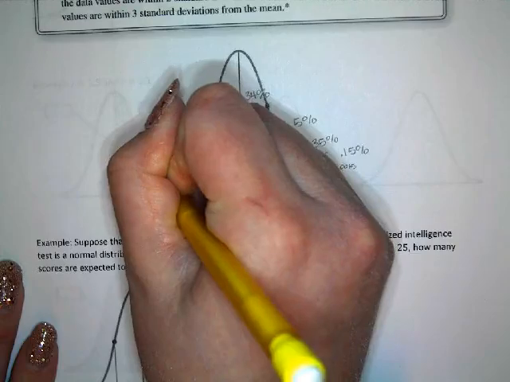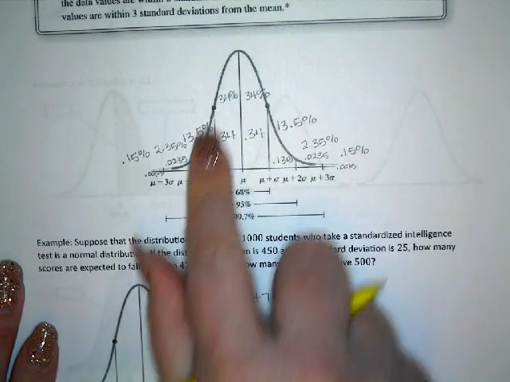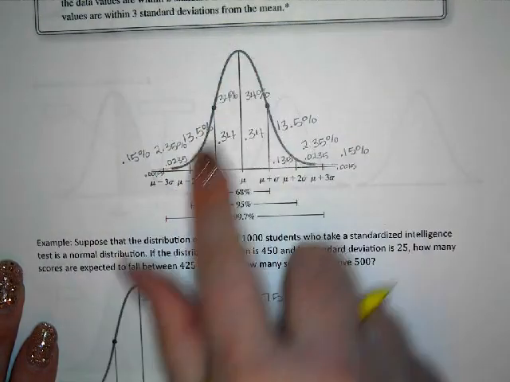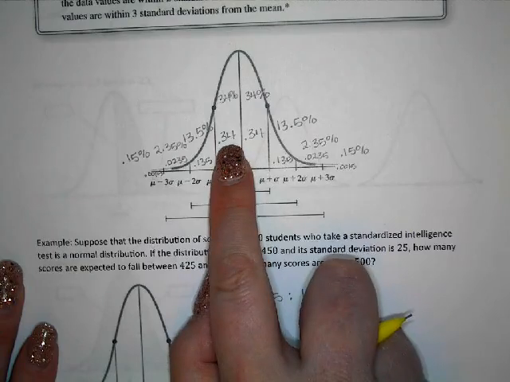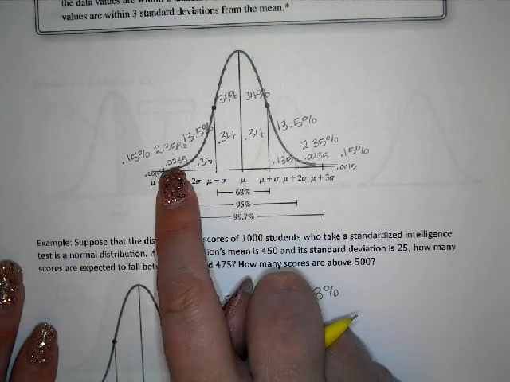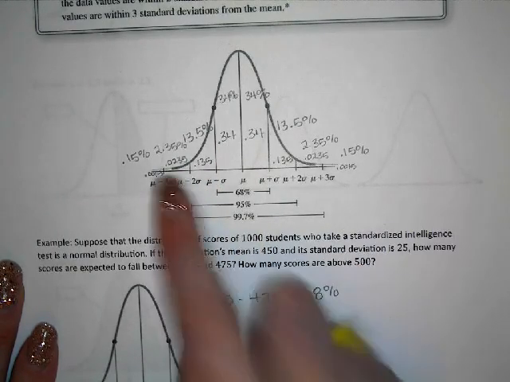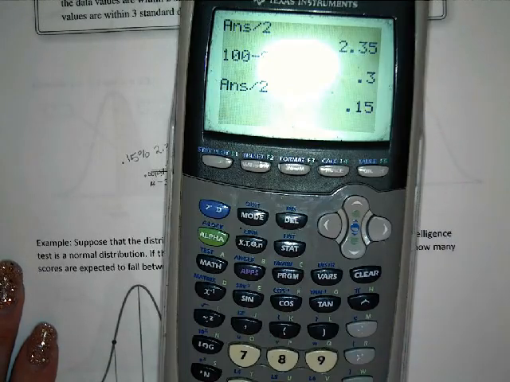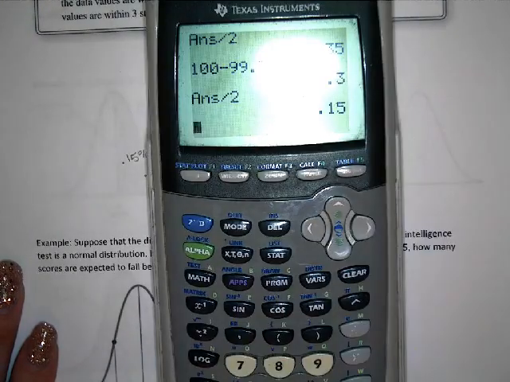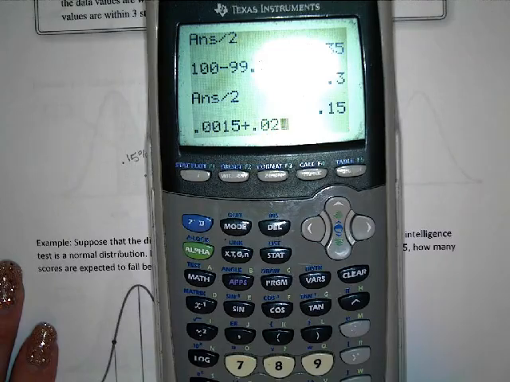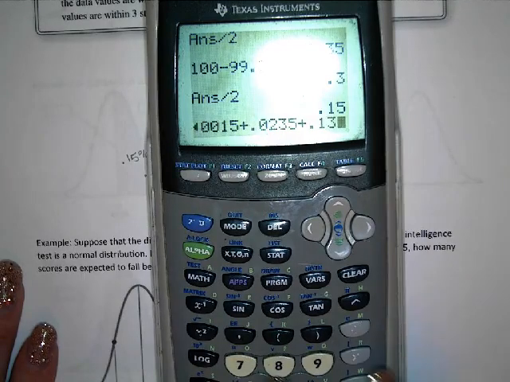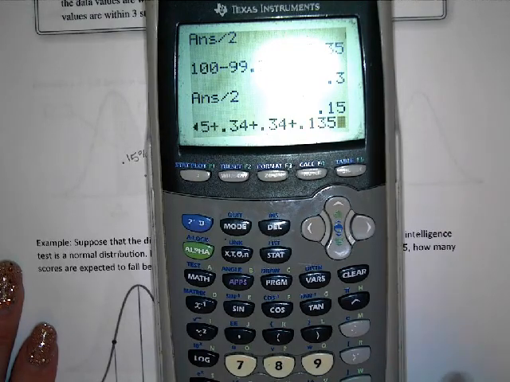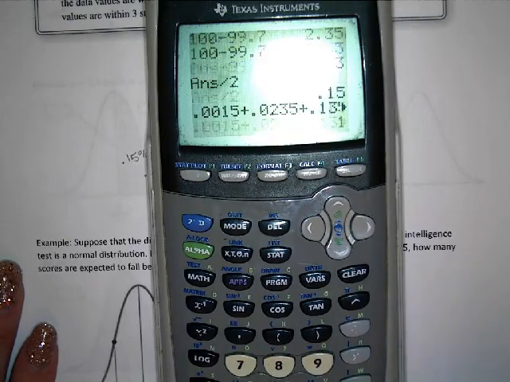And if I was to add up all of these areas, a 0.34 area, 0.135 area, 0.0235, and 0.0015, they're all going to add up to 1. So it adds up to 1.